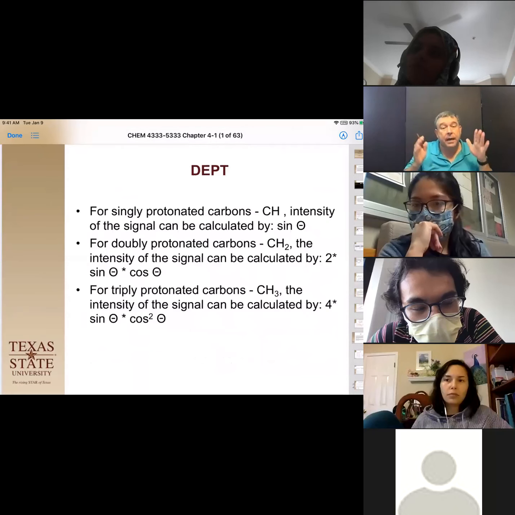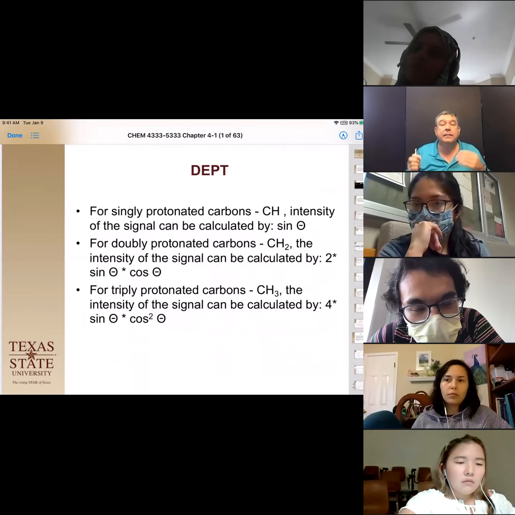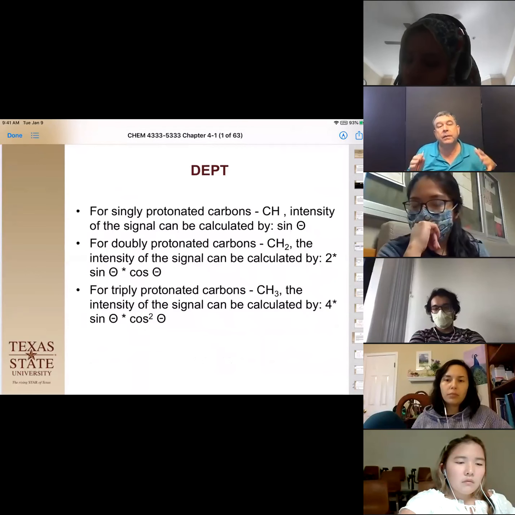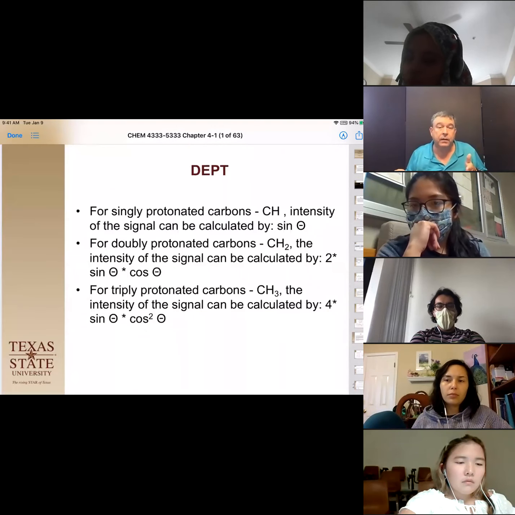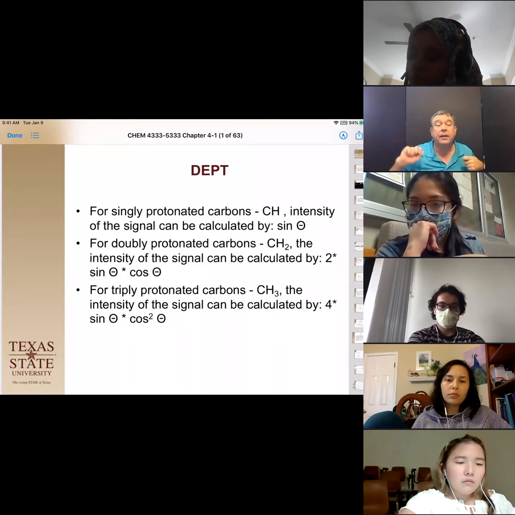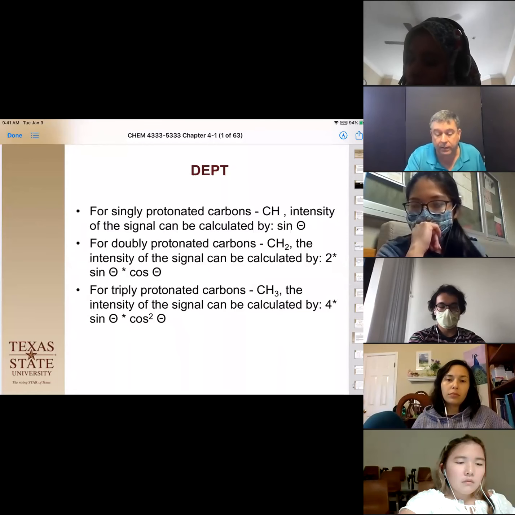Well, the time at which it rotates back is different. In the case of CH, it's the slowest and actually has a sine theta. Okay. For CH2, it's faster and ends up 2 sine theta times cosine theta. And then CH3 is the fastest of them and is 4 times sine theta cosine squared theta.